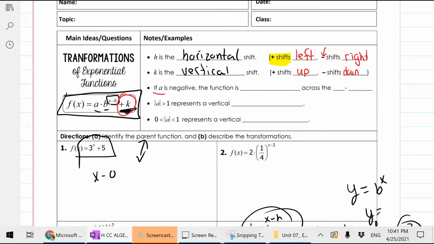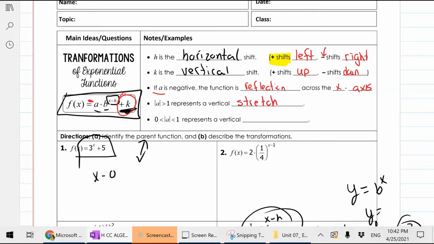If a is negative, so if there's a negative here, it's going to turn the function upside down. It's going to be a reflection across the x-axis, just like the quadratic was. You copying this down? If the absolute value of a is greater than 1, so basically if you have a whole number, it represents a vertical stretch.